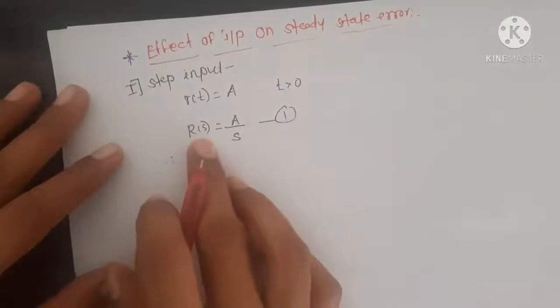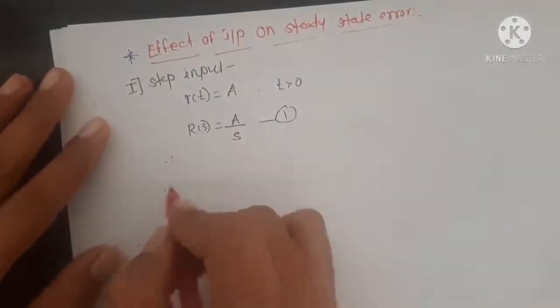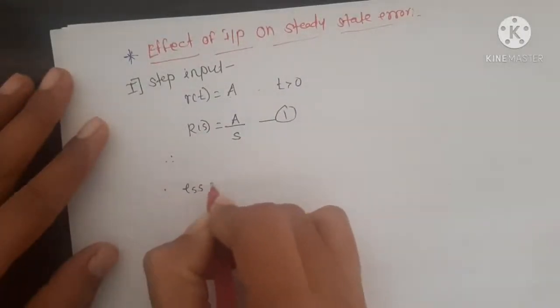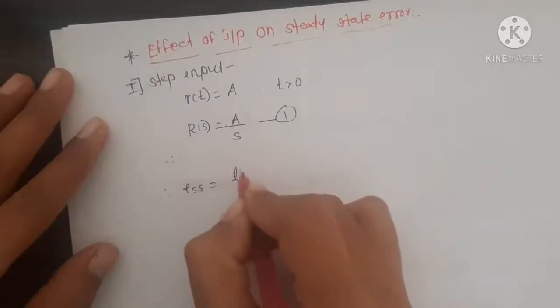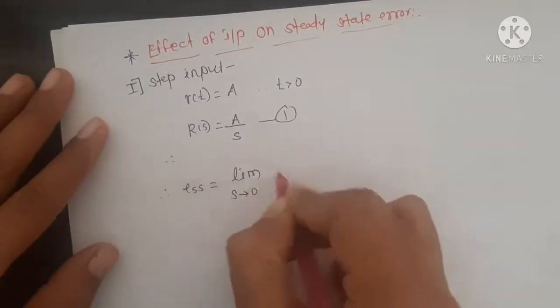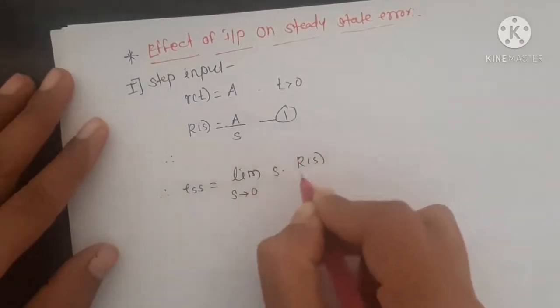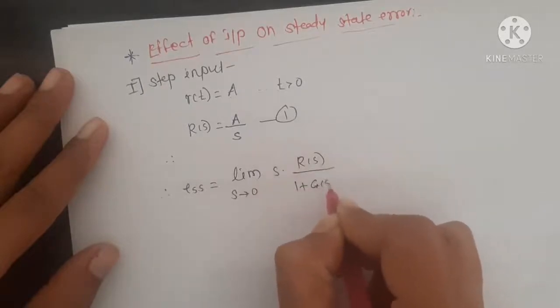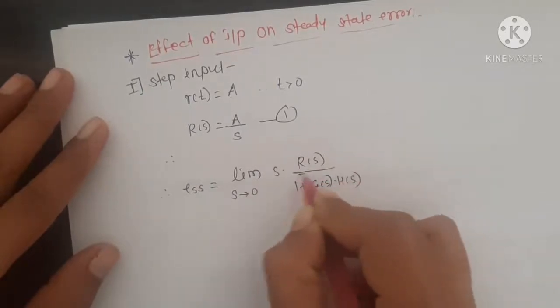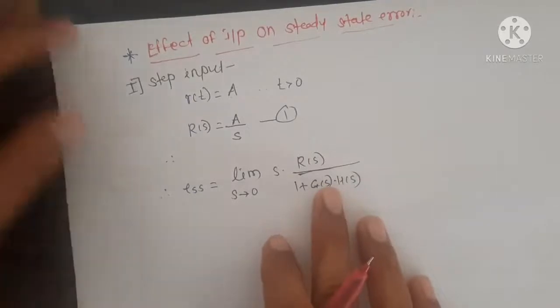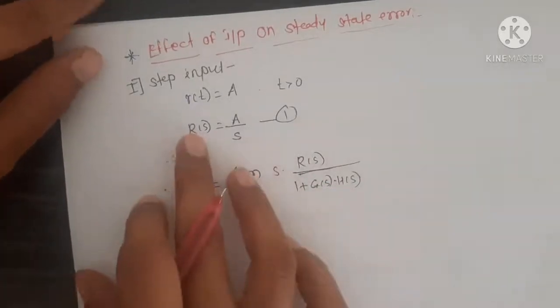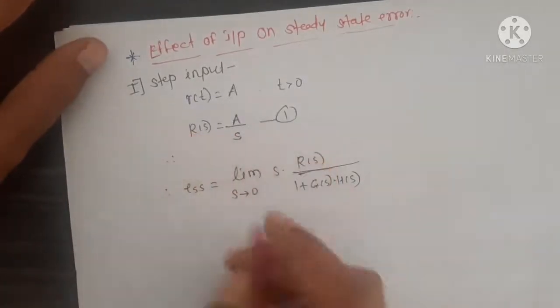So simply put that R of s value in the equation. Therefore what is the steady state error equation? E of s is equal to limit s tends to 0, s into R of s upon 1 plus G of s into H of s. This is the equation we have seen in previous lectures.